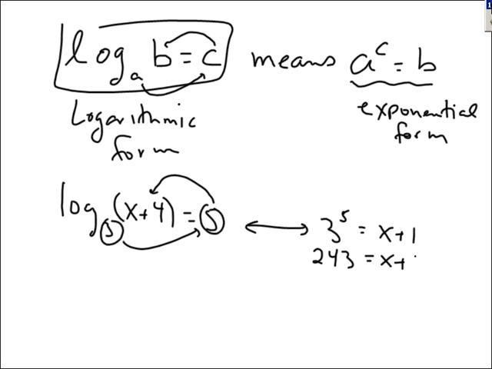I can even tell you what x is. x must be 242. 242 plus 1 is 243. But that's a whole other story. Writing it exponentially, we're done. 3 to the 5 equals x plus 1.